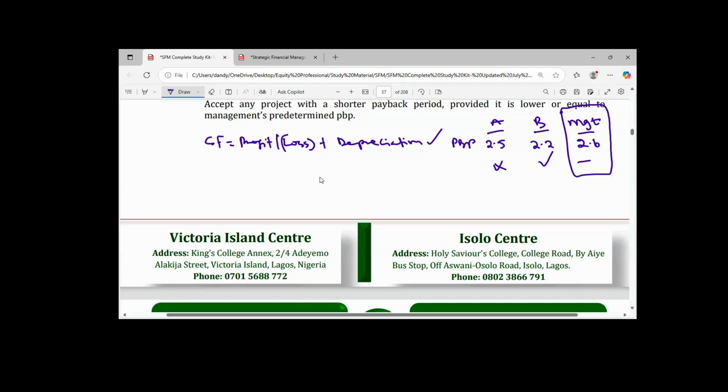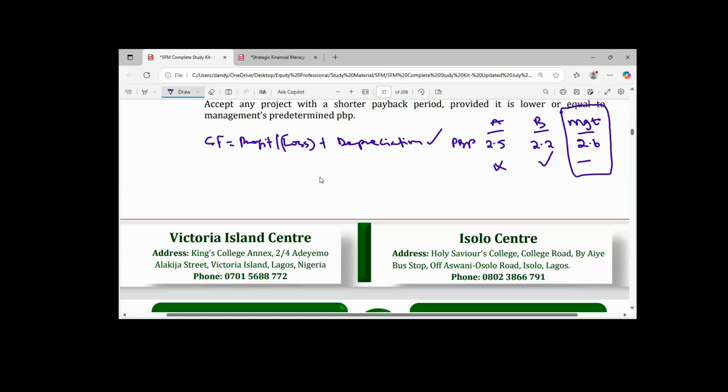But if you are given the management targeted payback period, like in this case now, 2.6, of course, you need to analyze. If you want to say that project B should be accepted, what you need to say in this scenario is that project A produces a payback period of 2.5 years, whereas project B produces a payback period of 2.2 years.